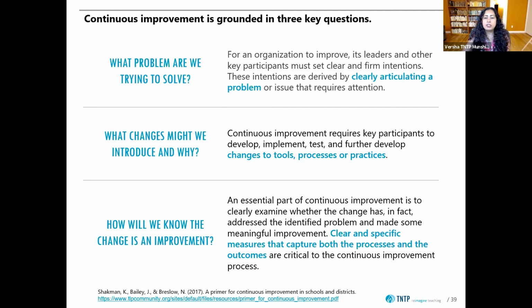So if you're willing to share either something that you're thinking about in terms of how a change you're going to introduce or how you might know a change is an improvement, please go ahead and type your name in the chat. If you don't feel like speaking out loud, you can also just type your idea in the chat, and we'll hopefully hear from some voices and see some ideas.